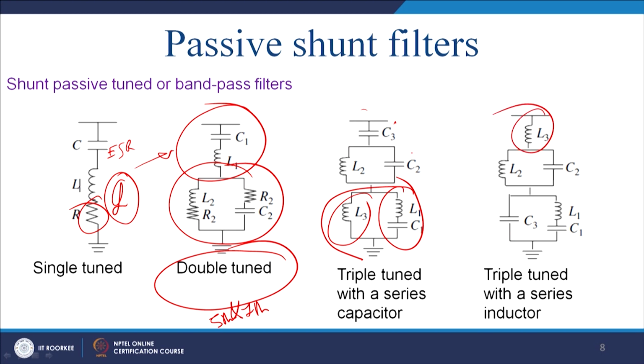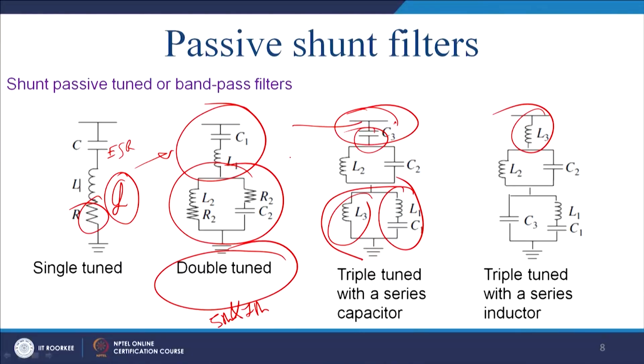Similarly, if you have this one, this will eliminate multiple frequencies, and this one is preferred because of the series capacitor. It is cheaper in size, but the problem lies in that its voltage has to match. So, switching on and switching off has to be very proper, because the capacitor is charging first. But in this combination, the capacitor is charging through the inductor, that is something like a spring.